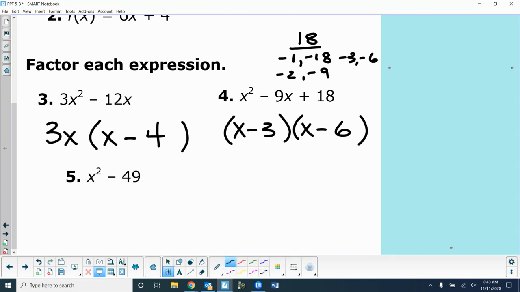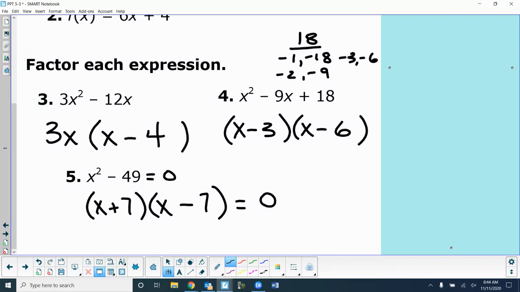Were you supposed to solve it by factoring? Okay, so what's the square root of x squared? What's the square root of 49? And then what did I tell you to do? Right, one's addition, one's subtraction.